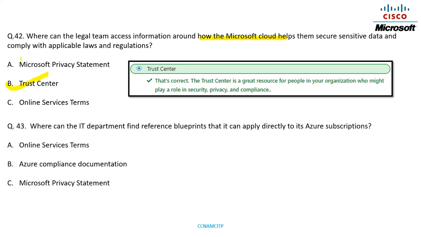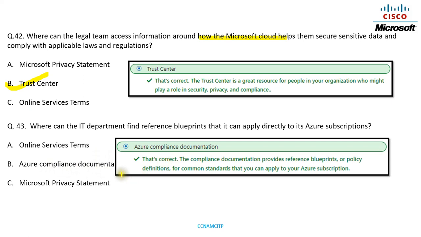Next one, where can the IT department find reference blueprints that it can apply directly to its Azure subscriptions? Like you got online service terms or Azure compliance documentation or Microsoft privacy statement. So you have three options here and you can select Azure compliance documentation. Okay, the answer is B.